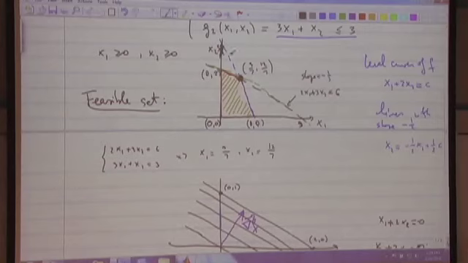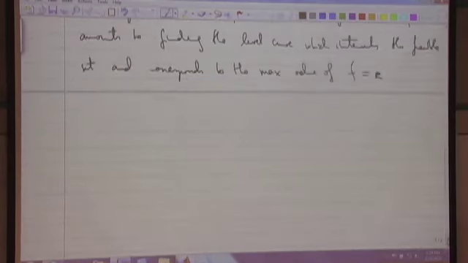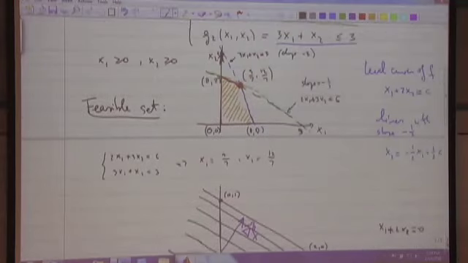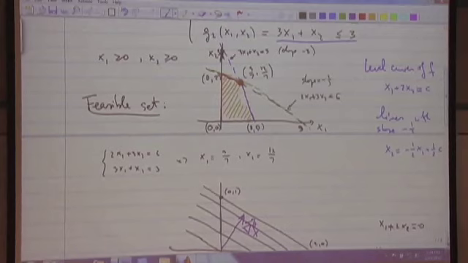And this one, so this was 3x1 plus x2 equals 3. This is slope negative 3, right? So basically, if you compare the slopes, so what was it? Negative two-thirds, negative 3, right? And you have to see where the negative 1/2 fits. Is it negative 1/2? Yep.